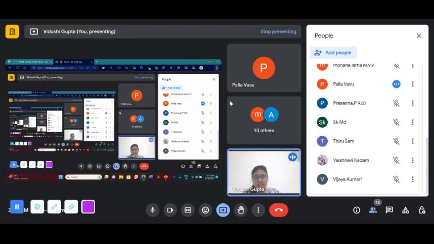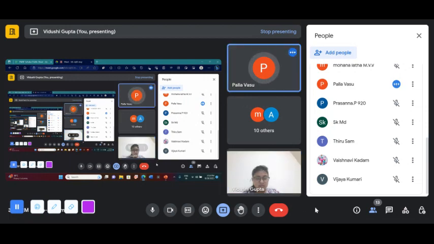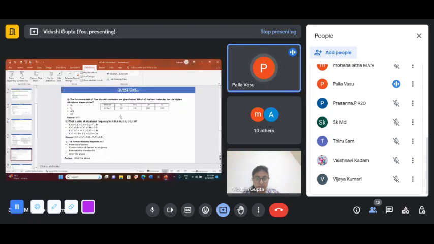If you're taking HCl, mass of hydrogen is 1, and for Cl, it's 35.5. But that's in AMU, so you have to convert it by multiplying by 1.66. Yes, ma'am, but in the N2 case, both nitrogens I have to take as M1 and M2. Yes.